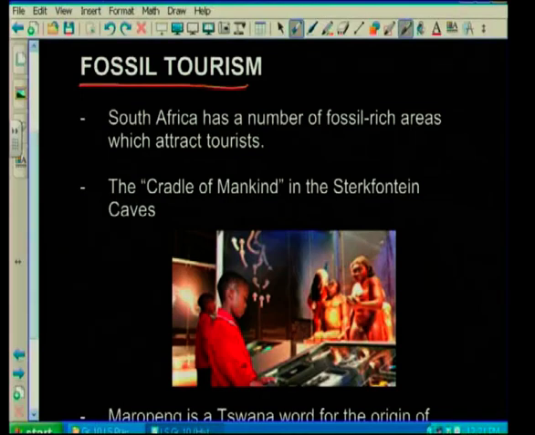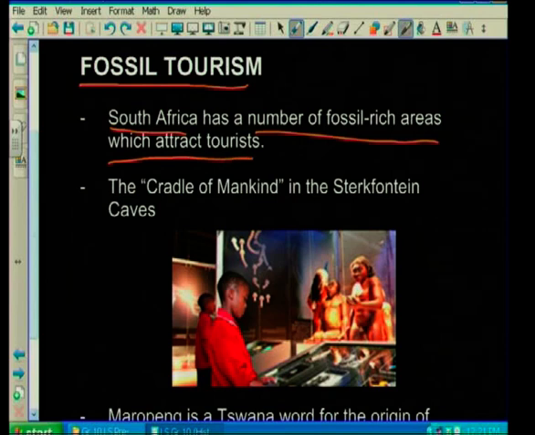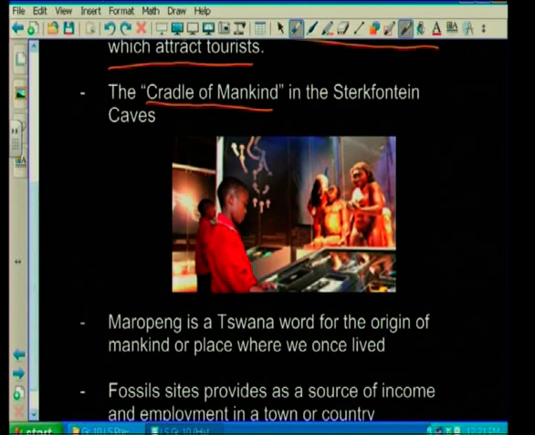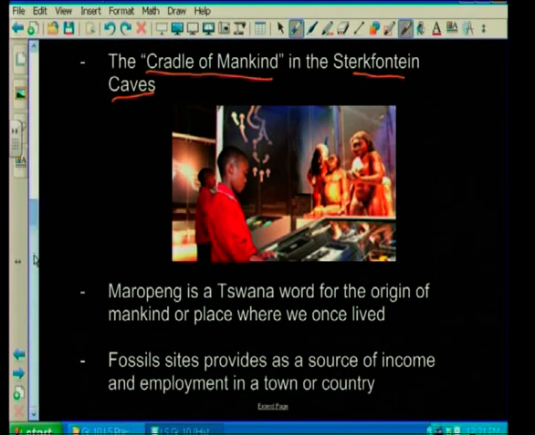Right, let us see some of the sites that are important in South Africa that serve as a source of fossil tourism. South Africa has a number of fossil-rich areas which attract tourists year by year. The Cradle of Humankind: you could have been to the Sterkfontein Caves near Pretoria, and you could have seen pictures of our primates, which are actually made of wax, put in there from the fossils.